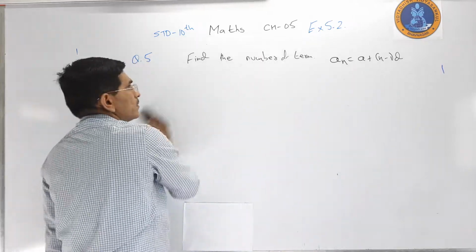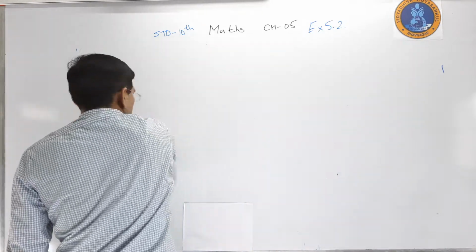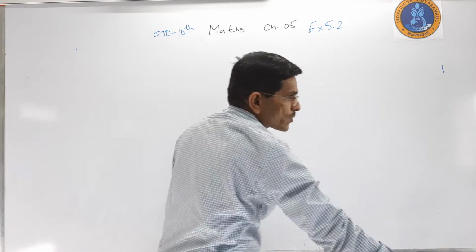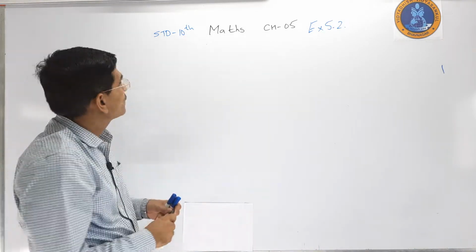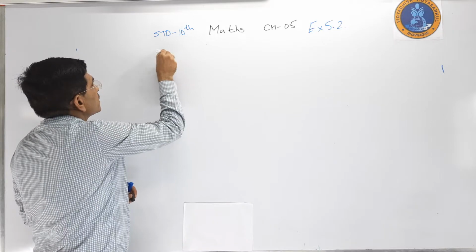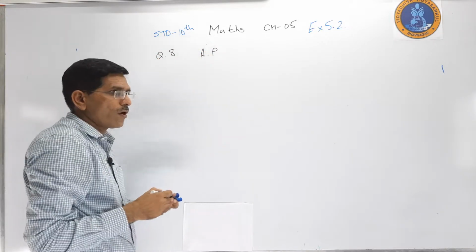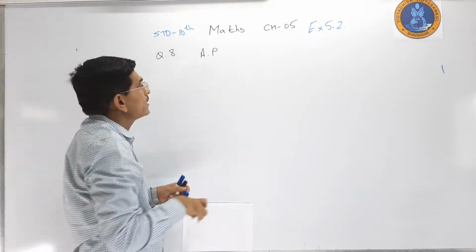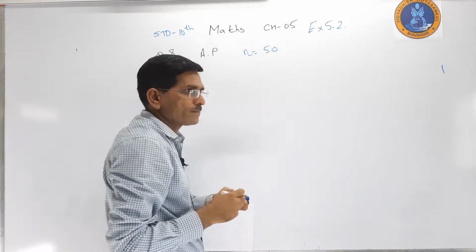So in question number 8, the AP consists of 50 terms, so n is equal to 50.